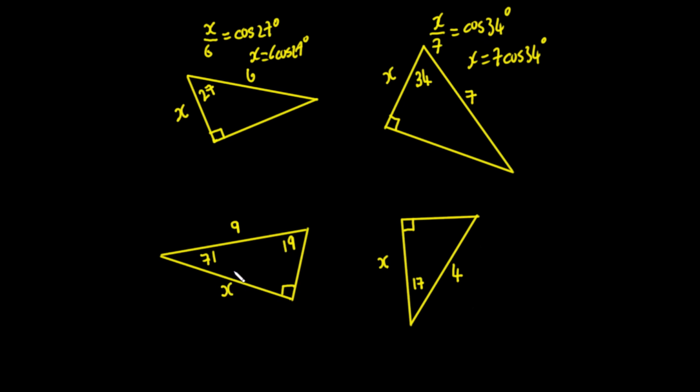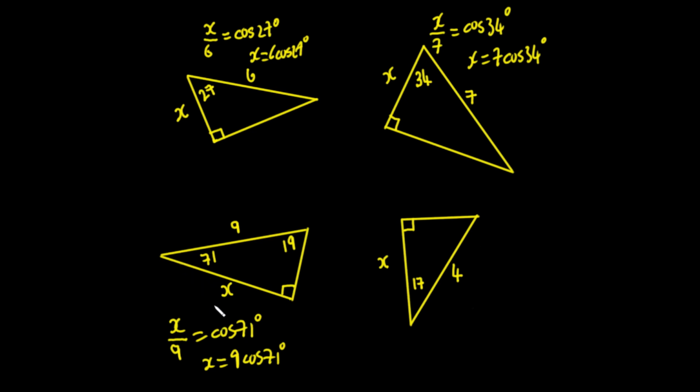So now we can say that the length x divided by the value 9 is the cosine function, and it is equal to the cos of the angle 71 degrees. So again, we can write that as x equals 9 cos 71 degrees, and that will give you the value for the length x.